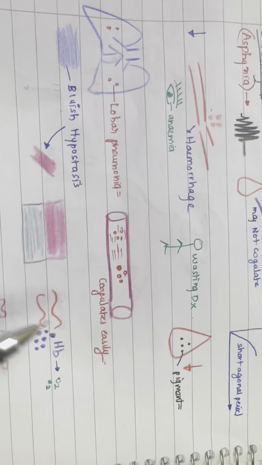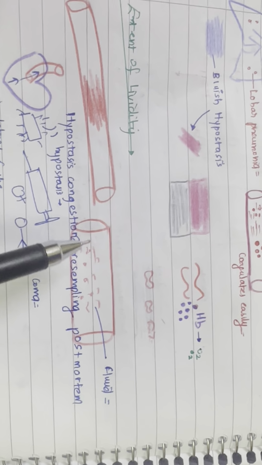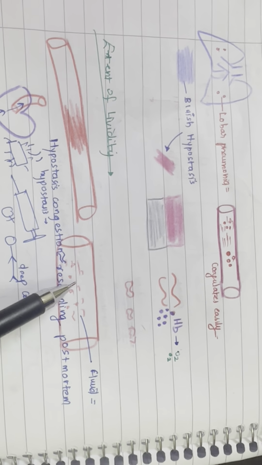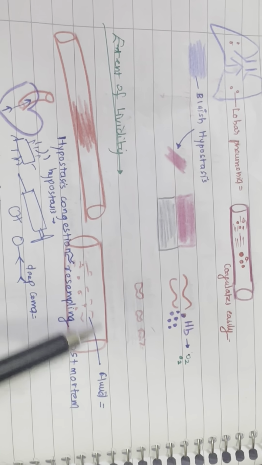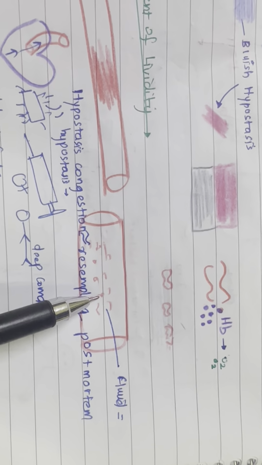Next is the extent of lividity. It mainly depends upon the volume of blood in circulation at the time of death and the length of time that the body remains fluid after death.